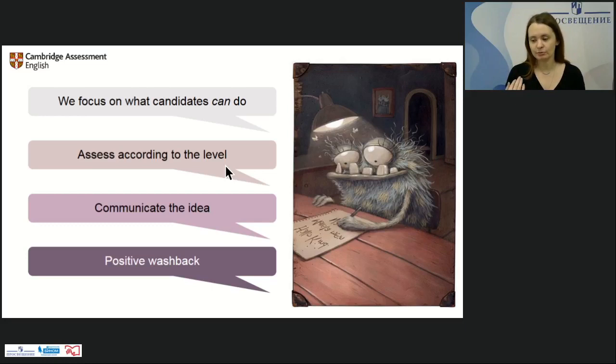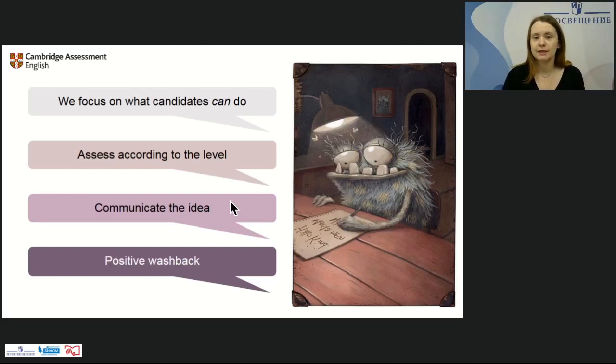Because, of course, dream big, and we always want our students to be the best, but it doesn't work all the time. Sometimes when we want them to be the best, we discourage them because we show that they can't do something. So again, focus on what they can do. When we speak about young learners' qualifications and most of Cambridge exams, the main idea is not to avoid mistakes.